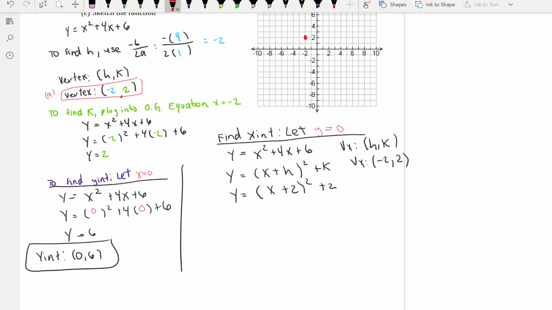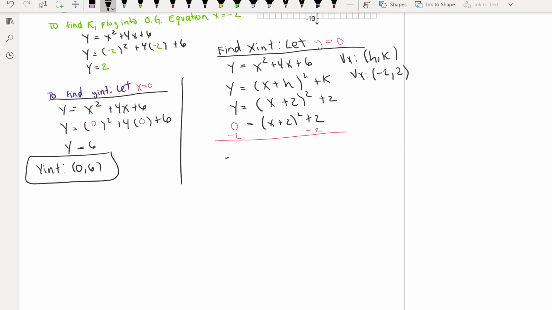And the y value that I'm plugging in is 0. From here, I'm going to subtract 2 on both sides. So I get negative 2 equals x plus 2 squared. And I'm going to square root both sides to get rid of the square.